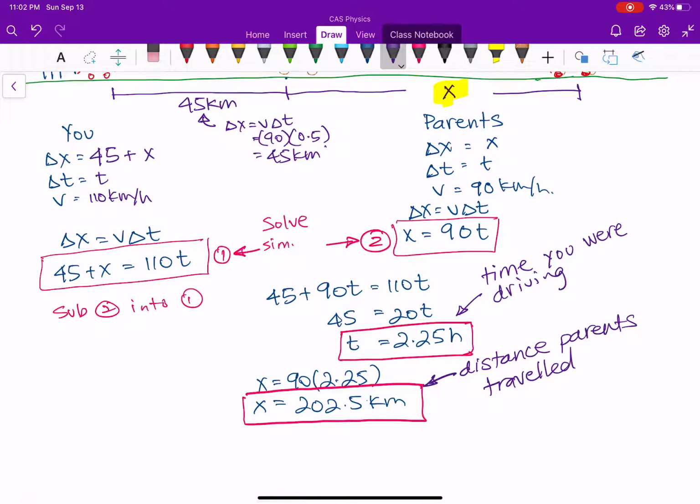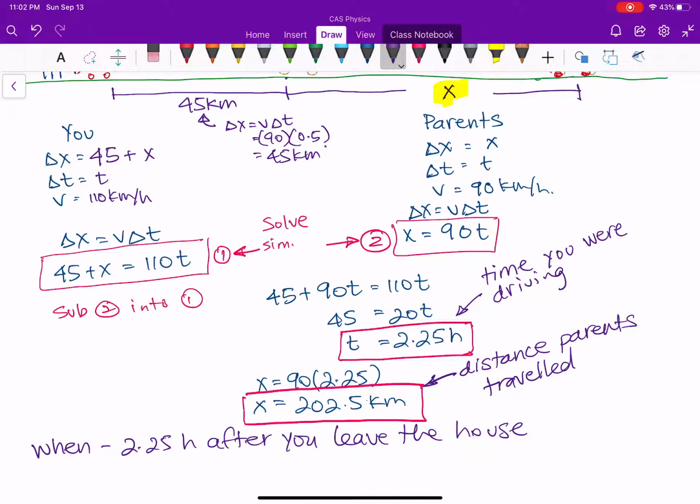So since the question is actually asking when and where will you catch your parents, you can basically just add. So when you catch them is going to be 2.25 hours after you leave the house.